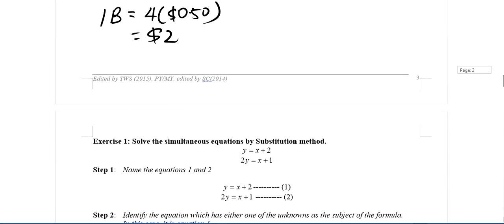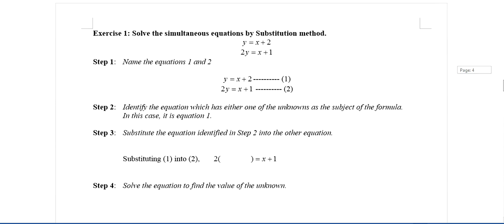Then we will now proceed to a possible question that you will see maybe in your textbook or your test. Over here we have specified that you solve the simultaneous equations using the substitution method. The 2 equations are this and this.